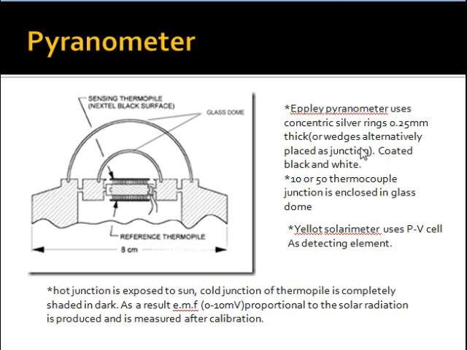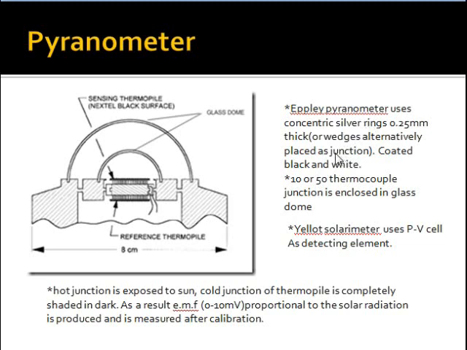The pyranometer is actually arranged in two ways. One is that the hot and cold junctions are painted black and white and kept as concentric rings.